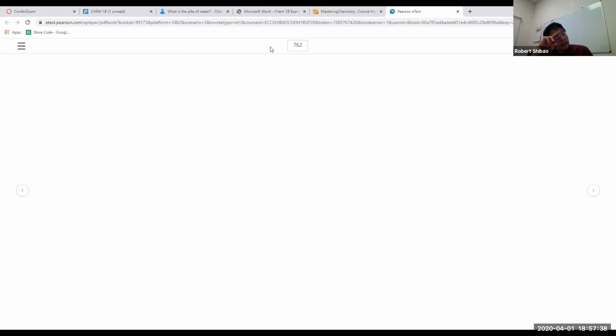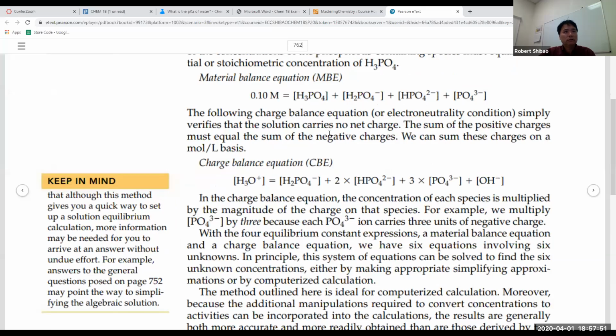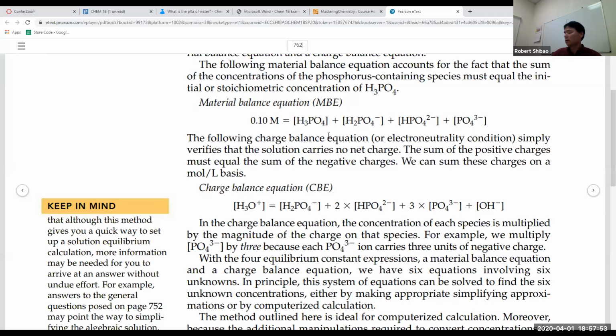And it's actually pretty easy, conceptually here. And so let's look at their mass balance equation here. So this is 0.10 molar H3PO4.